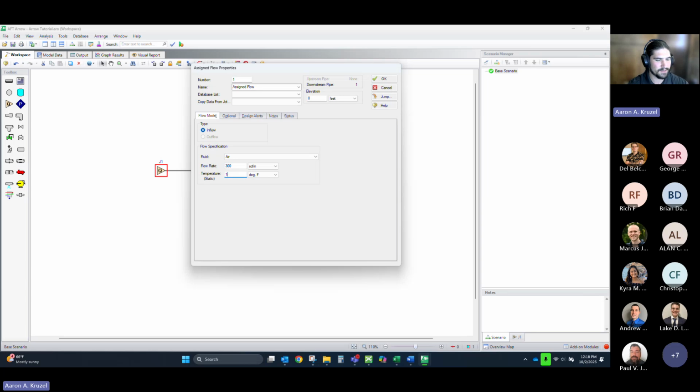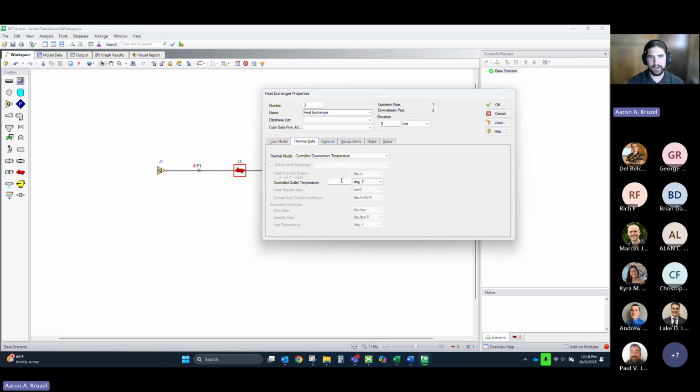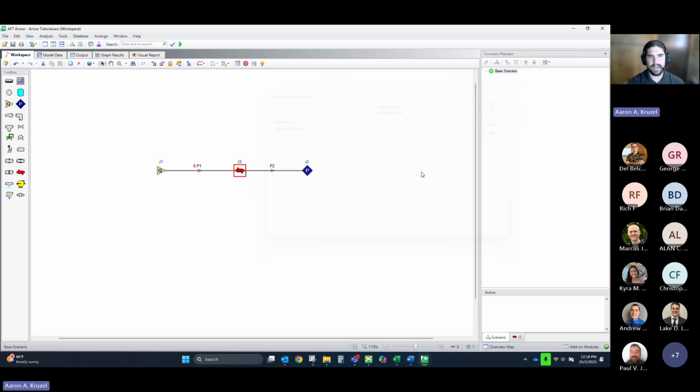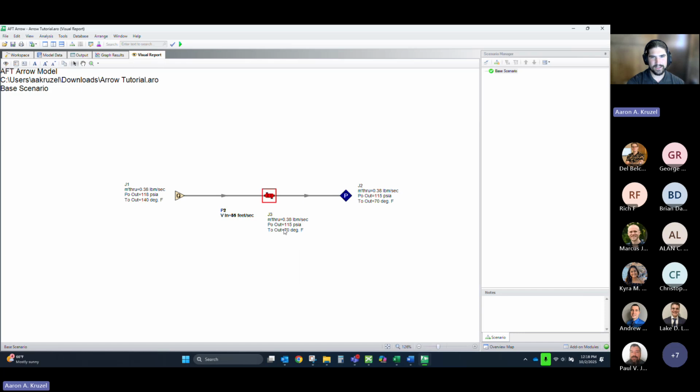So we want the end product to be 70 degrees, but it's coming at us at 140. So what we can do is modify this, have a thermal output of 70 degrees F, and by adding this heat exchanger in, we can get the end result, fingers crossed, of a heat exchanger that gives us 70 F out when it's coming in at 140.